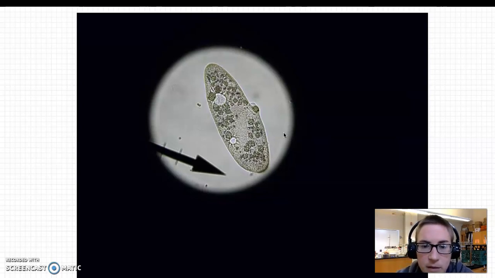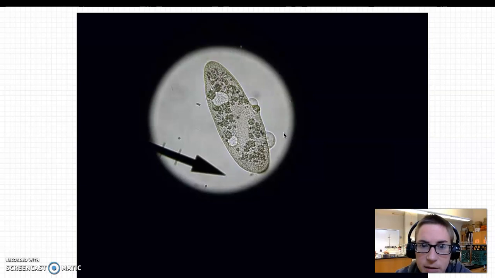But something happened and it's not contracting anymore. And if you watch, the paramecium is actually swelling up because it can't maintain homeostasis and it can't remove that excess water. And it looks to me like it's actually starting to leak. So it's definitely leaking now. Because it couldn't pump out the excess water, its cell membrane actually broke and it's leaking out into the environment.